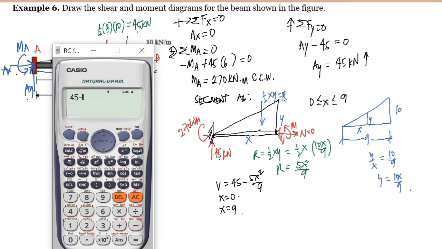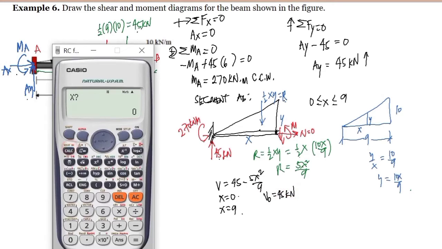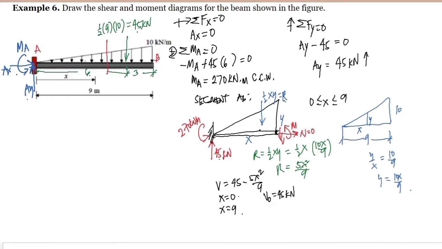So 45 minus 5x squared over 9. So calc 0 and we have 45. So the shear at 0 is equal to 45 kN, and at x is equal to 9, so calc 9 and we have here 0. So the shear at 9 is equal to 0.